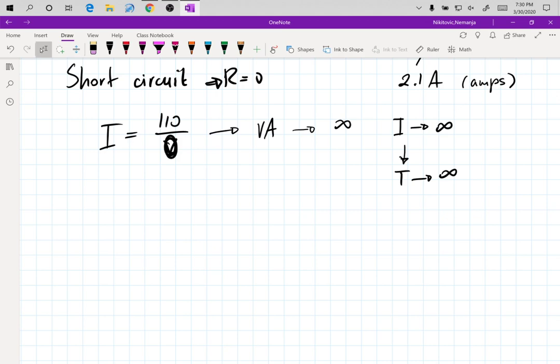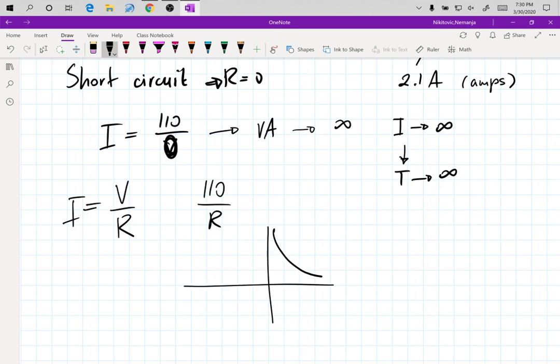This graph of I equals V over R is technically 110 divided by R, and if your R is X. So that graph is this, where this is your resistance and this is your current. Now, do you see what happens as you are going close to 0?